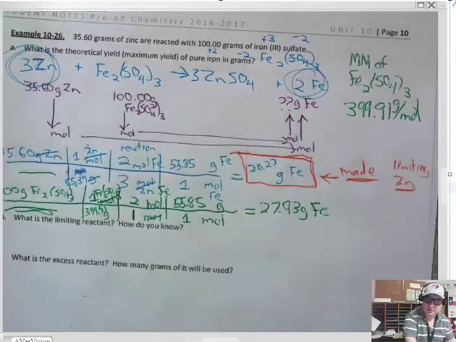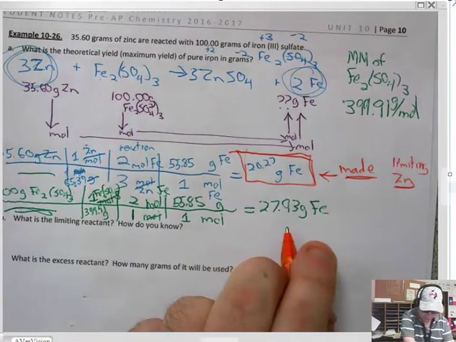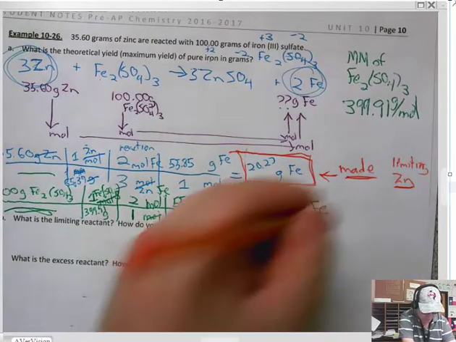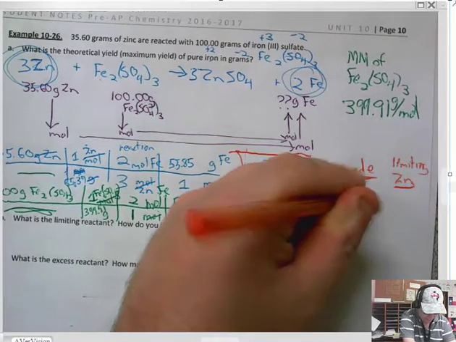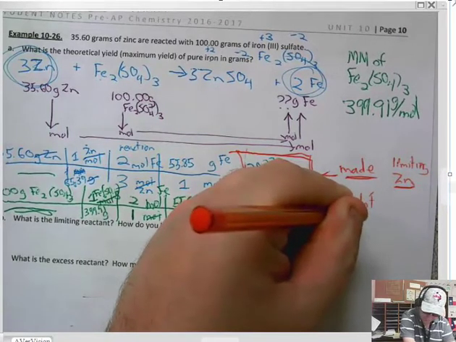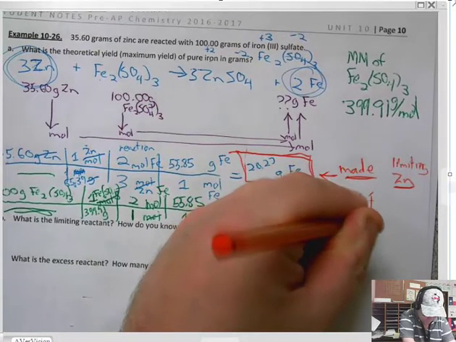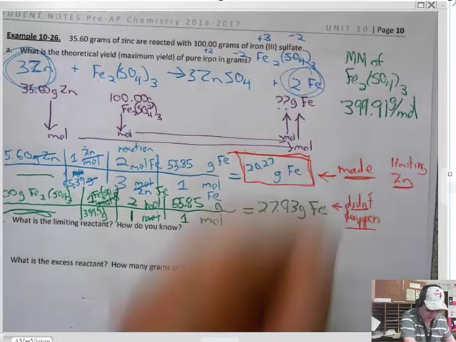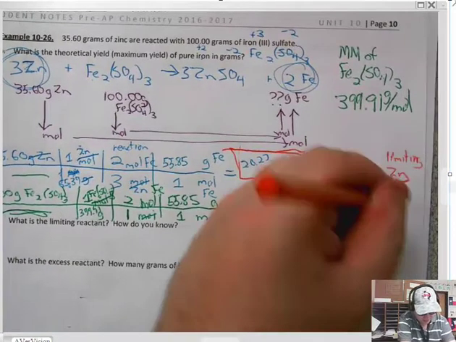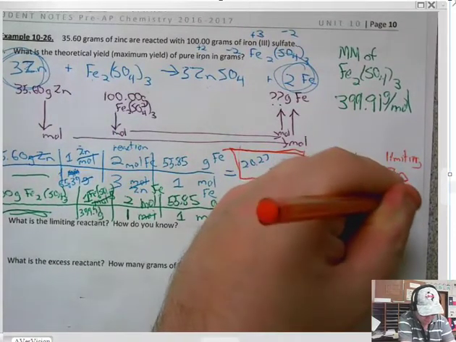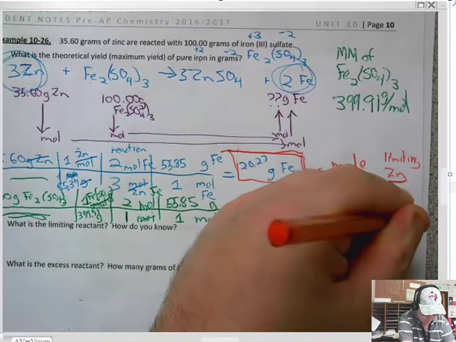The zinc was all used up in this reaction. This 27.93 is the iron that could have happened if you had the perfect amounts of zinc and iron sulfate, but you didn't, so that means that this is the excess reactant, which is the iron sulfate.